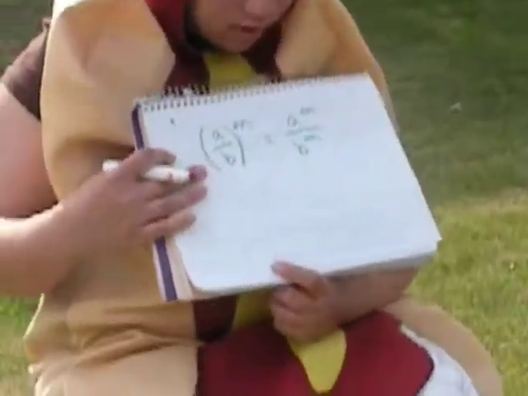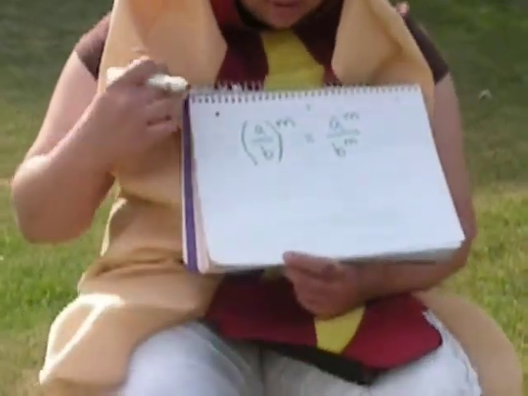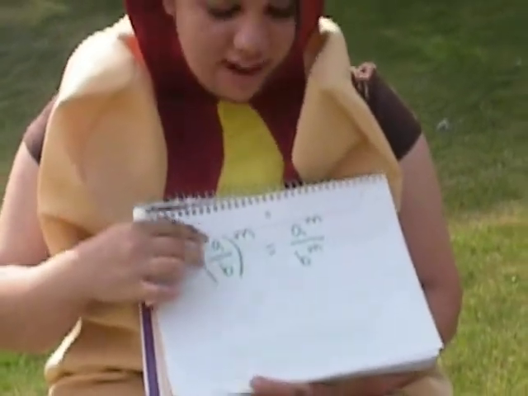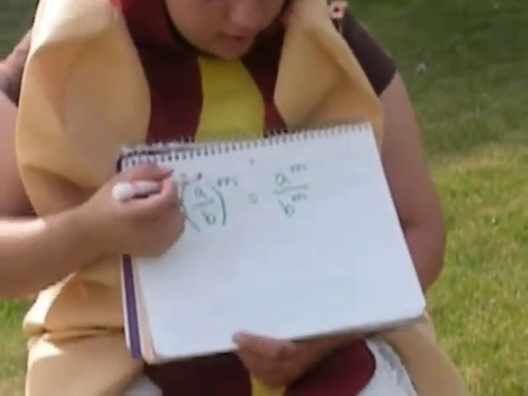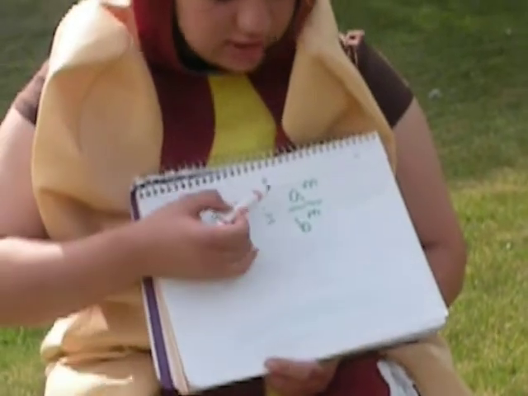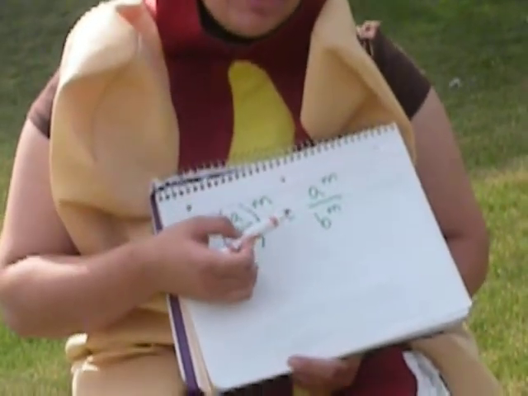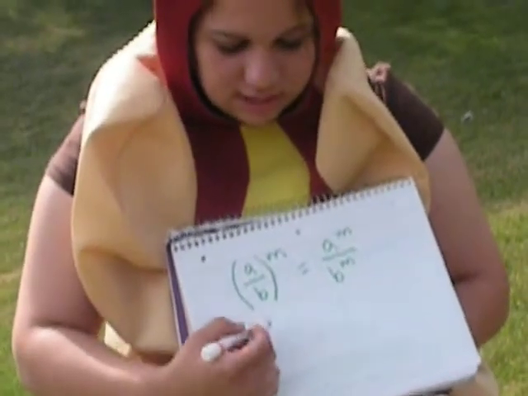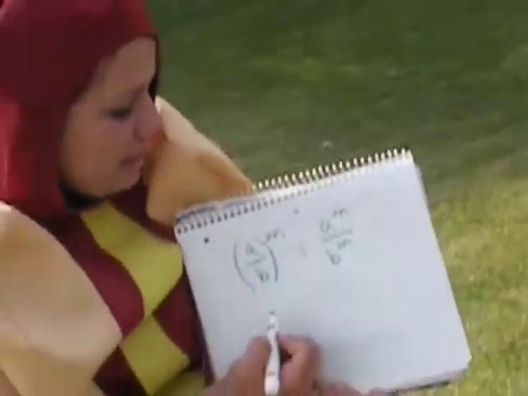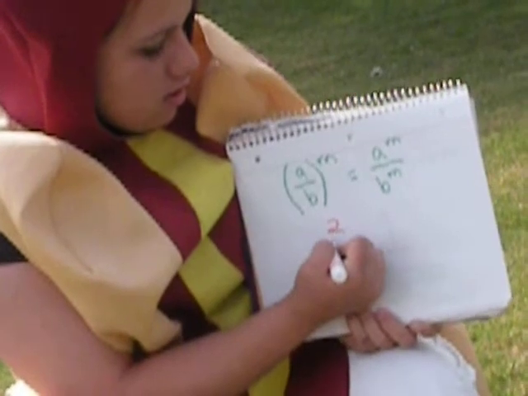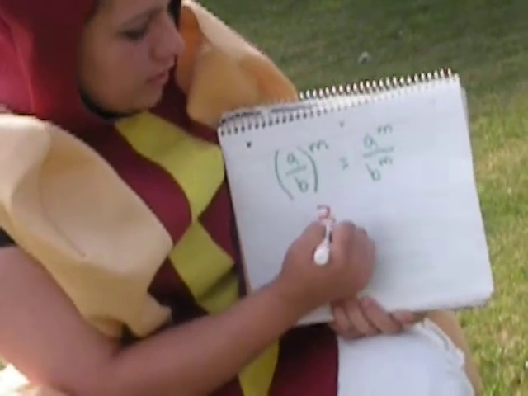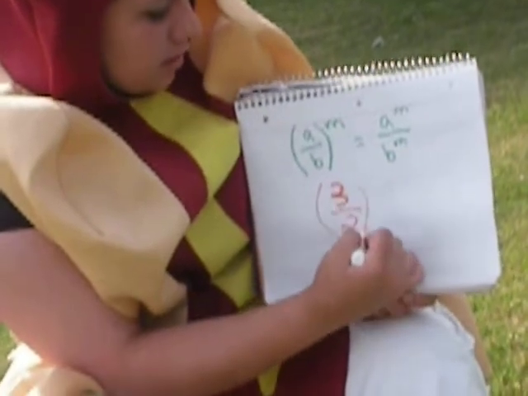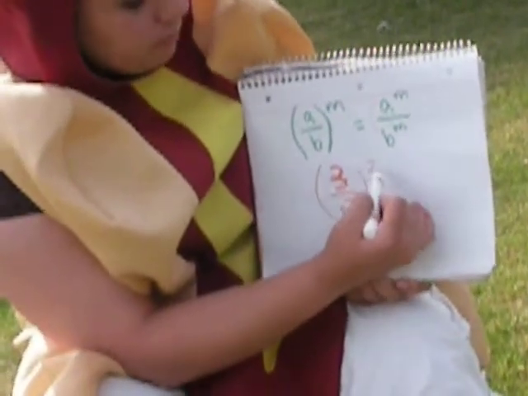Now I believe we are going into another division one, where you have 2 different bases that you're dividing and only 1 power. So when you do this, you can translate the same thing basically that you did for multiplication, where you gave the power to each base. So for the sake of this, we are going to go with the same numbers. We're going to go 3 over 2 to the 2.